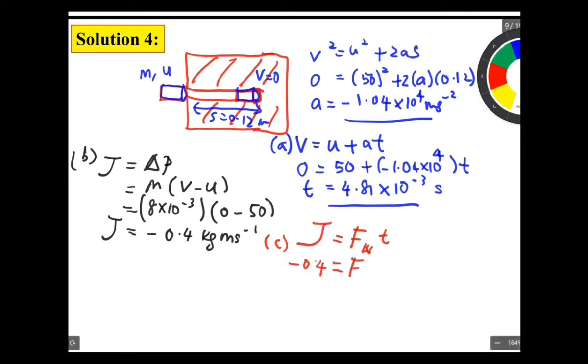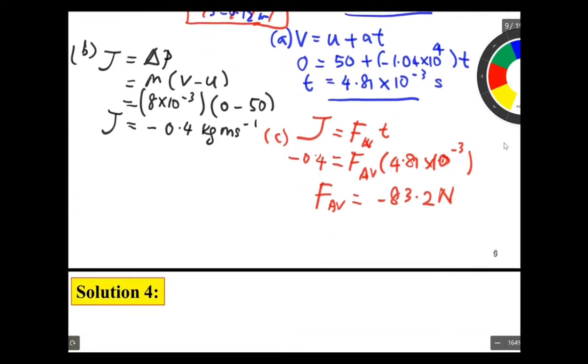Force nak cari, time dah ada 4.81 power of negative 3. And then you get the answer, average force is equal to negative 83.2 Newton. Okay.